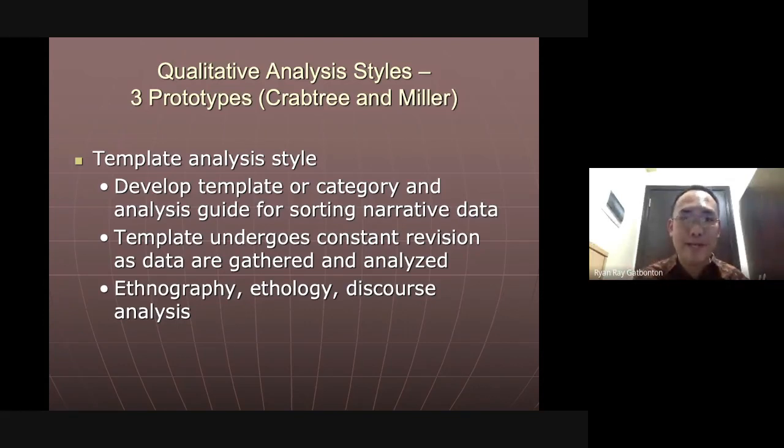Habang binabasa mo yung data mo at may na-encounter kang bagong term, bagong concept, idadagdag mo yan sa template analysis mo. So after doing the template analysis, uulitin mo siya to validate the contents. Usually ginagamit ang ganitong prototype in ethnography, ethology, or discourse analysis.